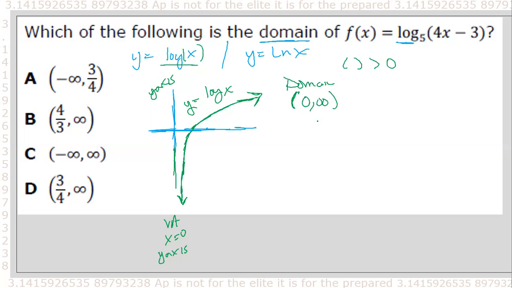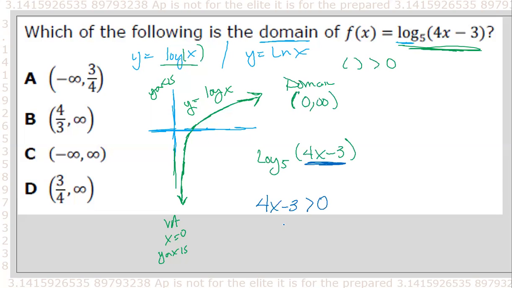Okay, so let's go ahead and find the domain of what is asked of us. So we have log base 5 of 4x minus 3. We're saying that the domain is all the numbers bigger than 0, so we're going to say 4x minus 3 is greater than 0. So go ahead and pause the video and find me that domain.